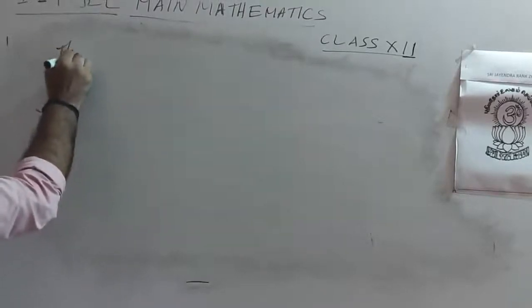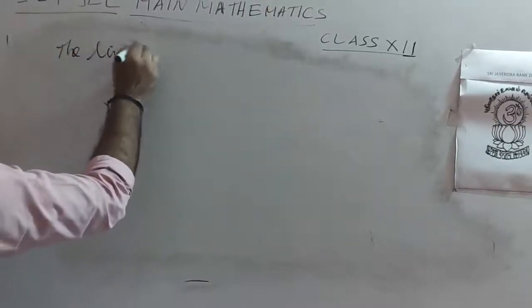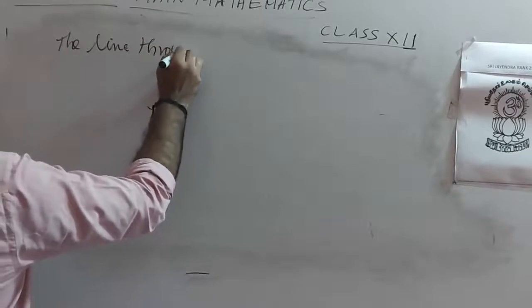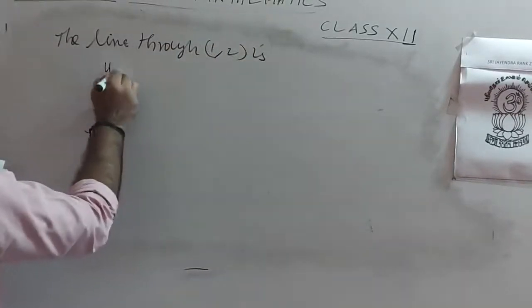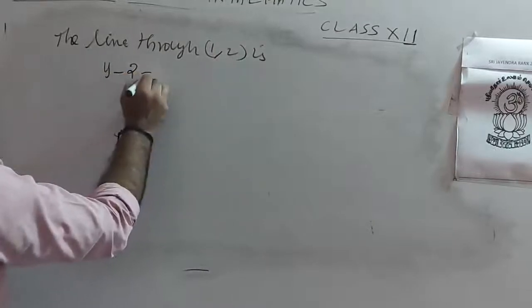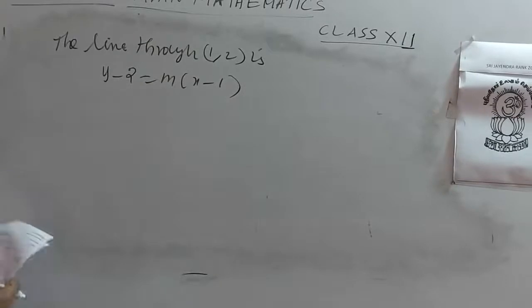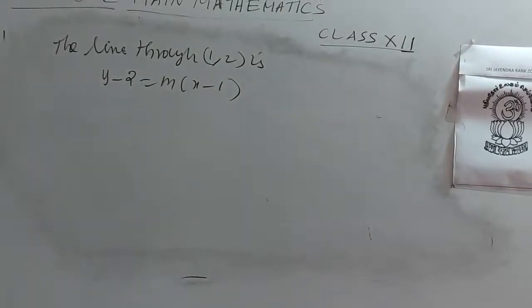The line through (1, 2) is y minus y1, that is y minus 2, we don't know the slope, m into x minus 1.